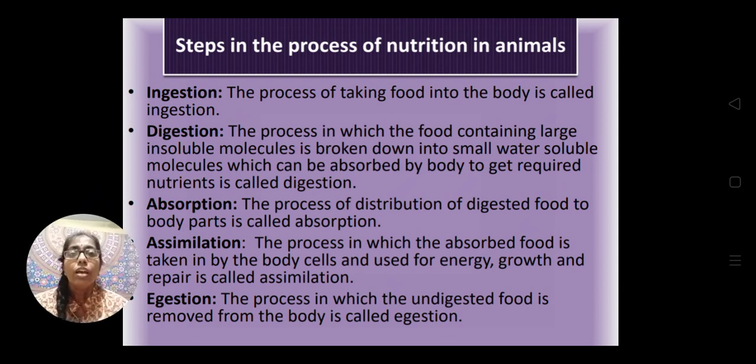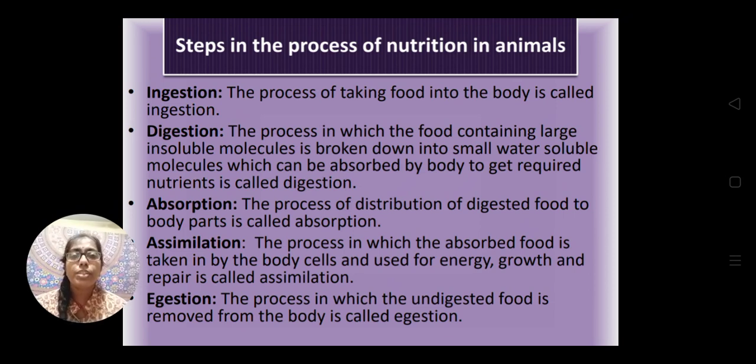Now, as I told you, not all foods are digested. Some undigested food remains in the particular organ. So this undigested food is then removed from the body, and that process is called egestion. So what are the 5 steps which together are called nutrition? Ingestion, digestion, absorption, assimilation and egestion.